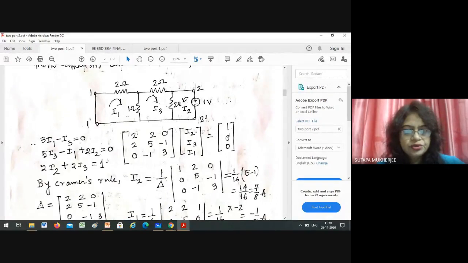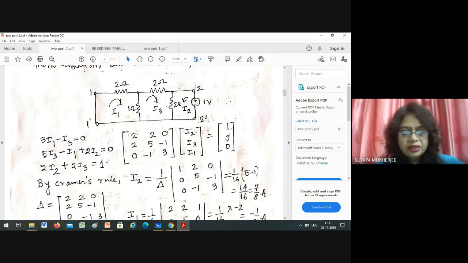There is no I2 in the third equation, so 0. This is correct. Now I3: 2, 5, minus 1. This is also correct. Now come to I1: the coefficient is 3, and it is minus 1, and it is 0. So it will be 0, minus 1, 3.